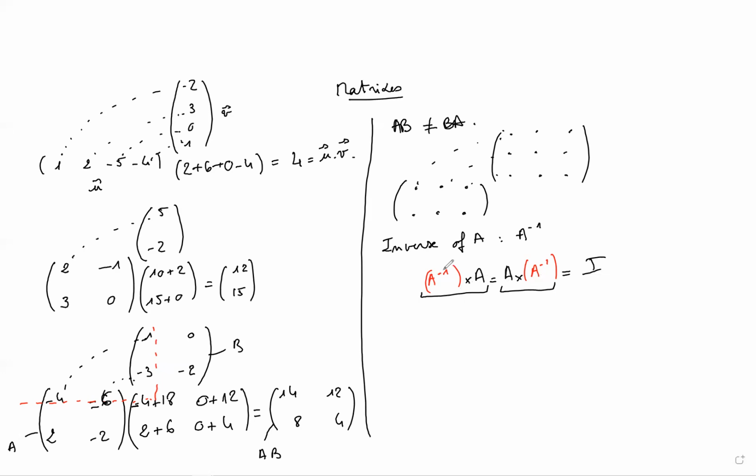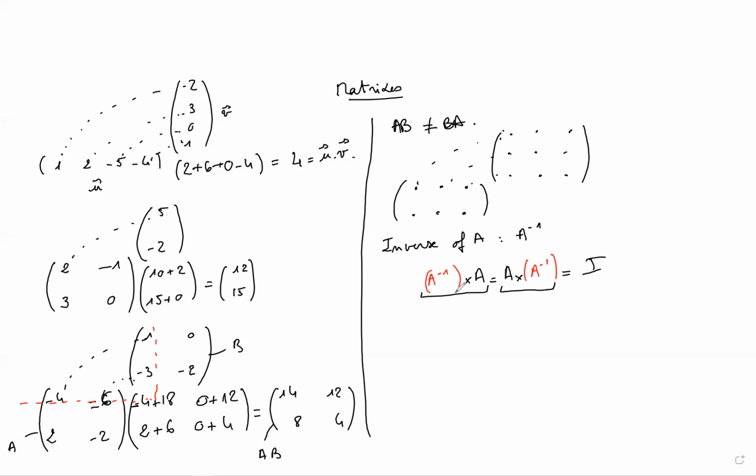So it's not because you had this one equal to identity that this one will be equal to identity. In that case, your matrix is invertible and its inverse is A to the power of -1. So I gave you several exercises about that. Your calculator can compute the inverse of a matrix. So this might be very helpful.